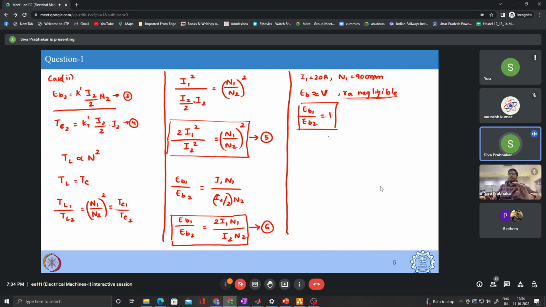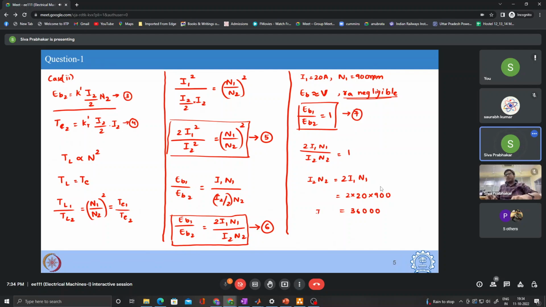Now the problem is quite simple. So we have three basic equations, 1, 2, 3, and we have two unknowns. So we can simply calculate it. So from this you can say that 2 into I1 N1 by I2 N2 will be equal to 1. So you have the value of I2 into N2 will be nothing but 2 into I1 N1, and if you substitute the values it will be 2 into 20 into 900, and it comes out to be 36,000.